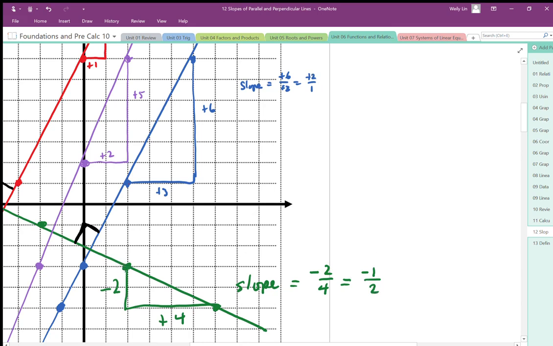So the vertical ratio of 2 on the blue line, so this 6 parts here to 2 parts, now it looks like the triangle is being rearranged horizontally, so the long side 2 to 1 ratio is now horizontal to vertical instead of vertical to horizontal. The other thing that we should notice is that the slope for the blue line is positive, but the slope for the green line is negative.